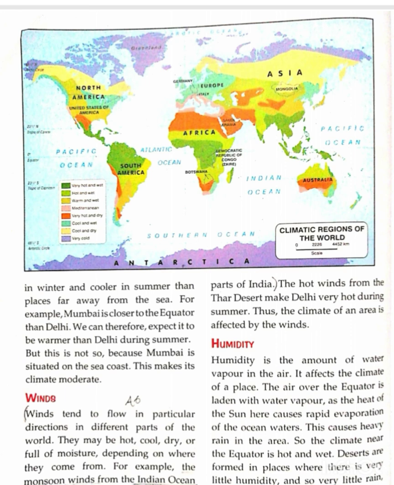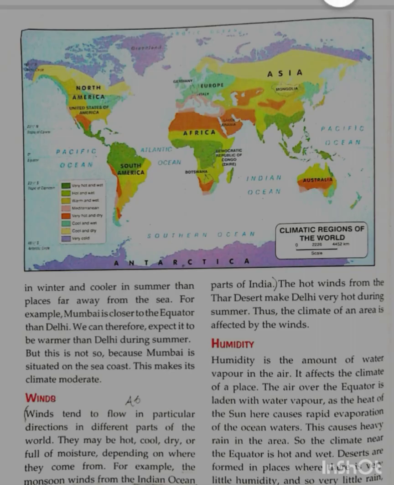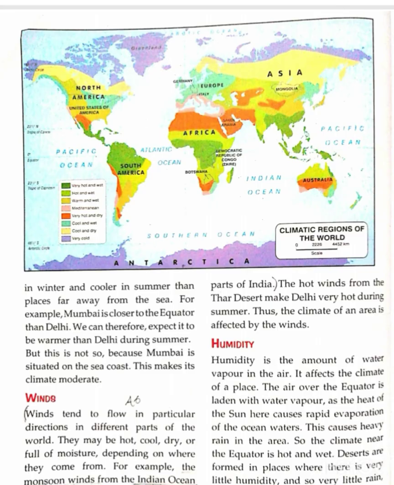Take the example of a desert. Deserts are formed in places where there is very little humidity, and so very little rain throughout the year. Now the question comes: why is there less humidity in places like the Thar desert, as given in the book?